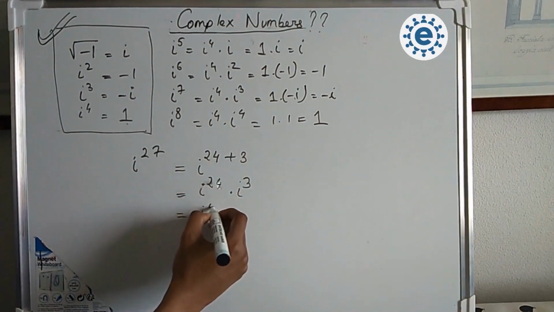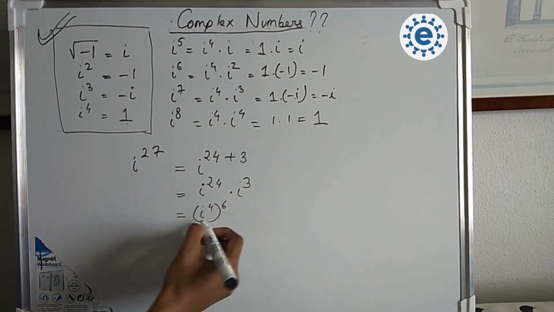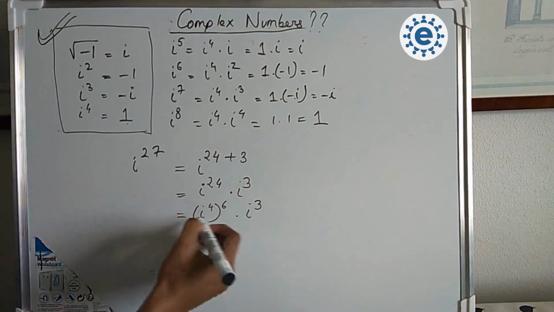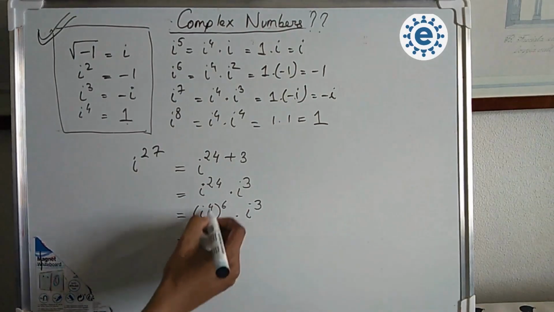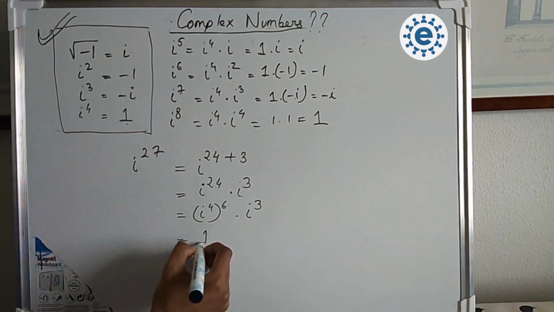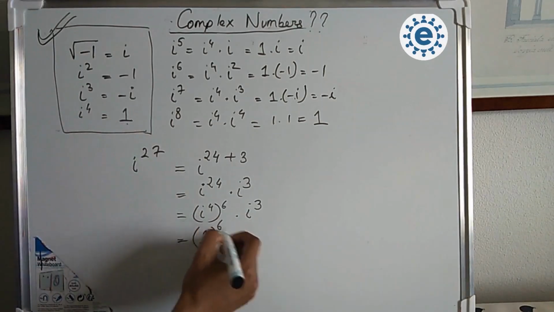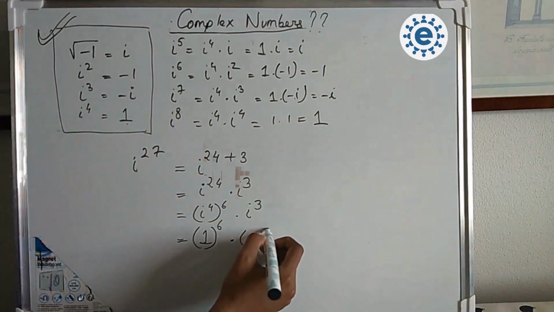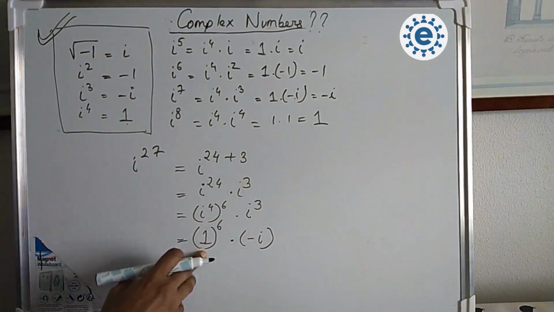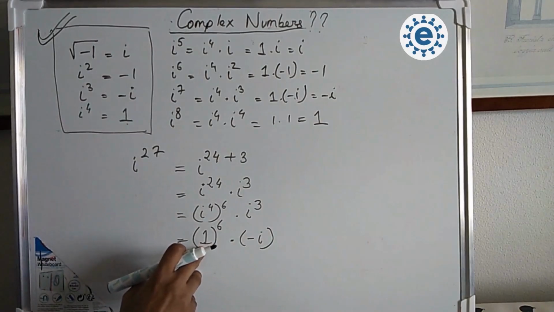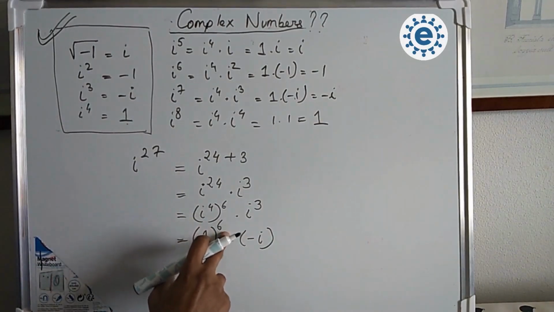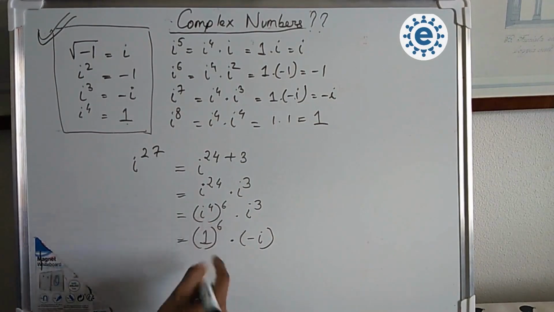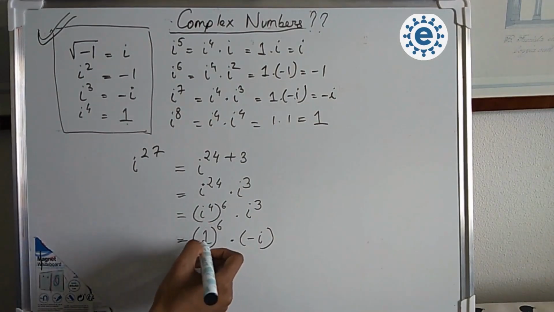I24 we will write in exponential form, as I4 to the power 6. I4 is 1, so it is 1 to the power 6. I cube is minus I. We all know that 1 to the power of any number is always equal to 1.